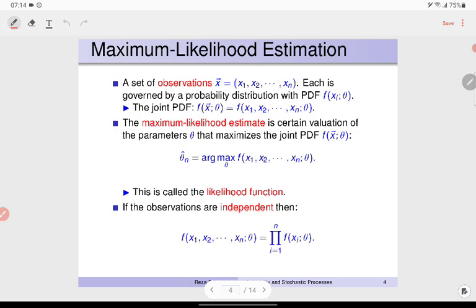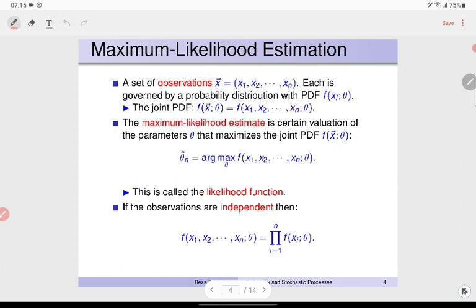This function has n arguments, namely all of these observations, given that we have parameter theta. Now, the maximum likelihood estimate is a certain valuation of the parameters theta that maximizes this joint PDF, namely this theta hat n, our estimator.